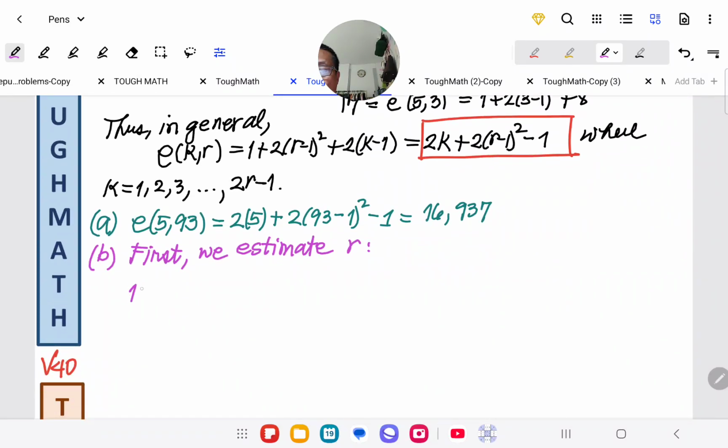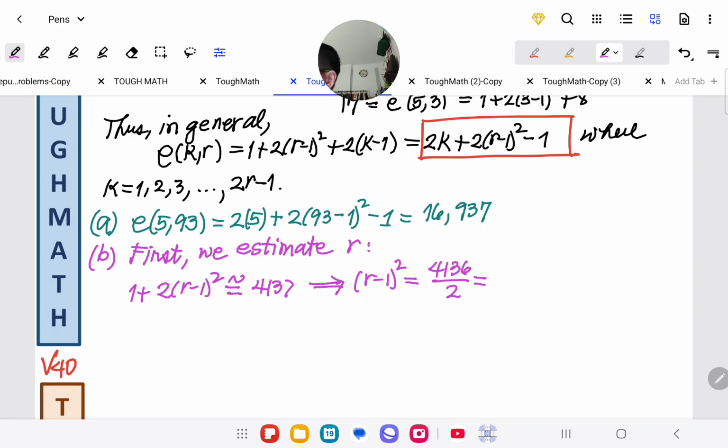We have 1 plus 2 times (R minus 1) squared approximately equal to 4137. This gives us (R minus 1) squared equals 4136 over 2, which gives us 2068.